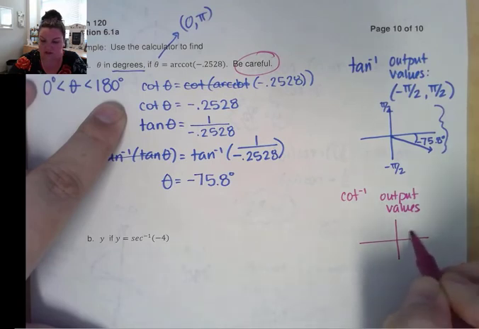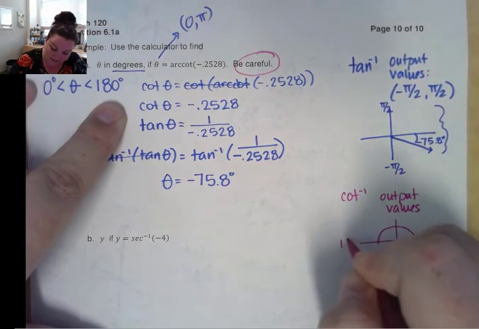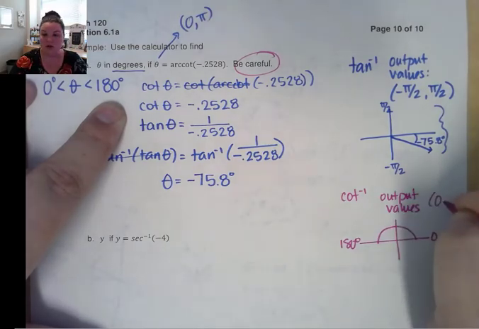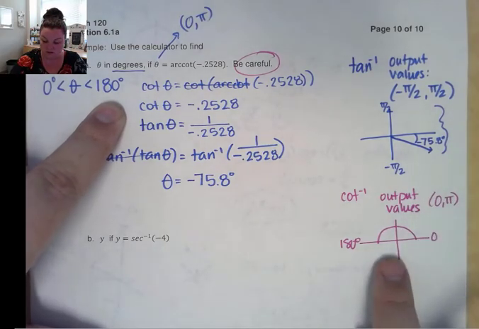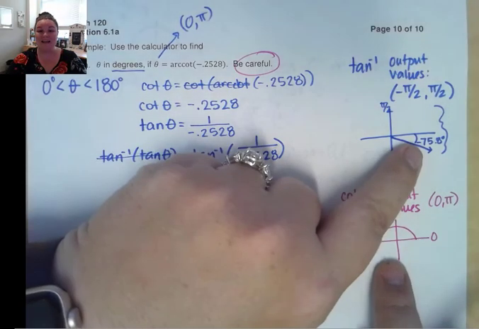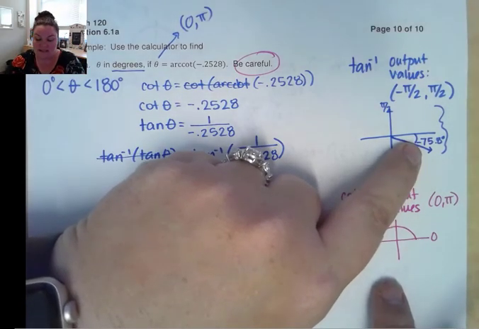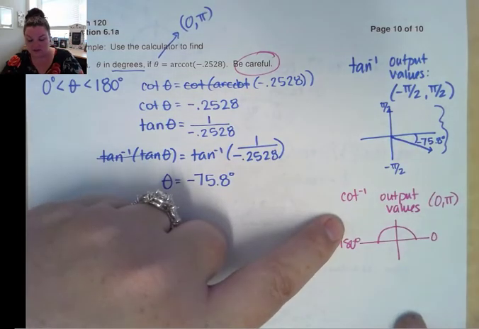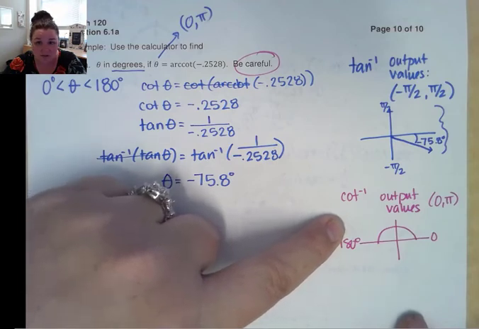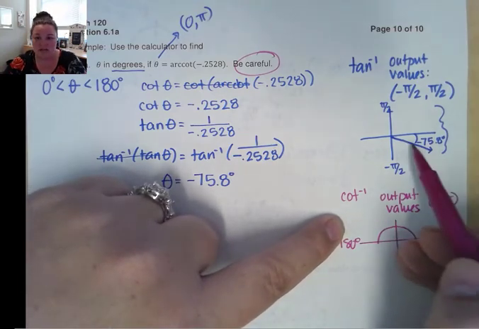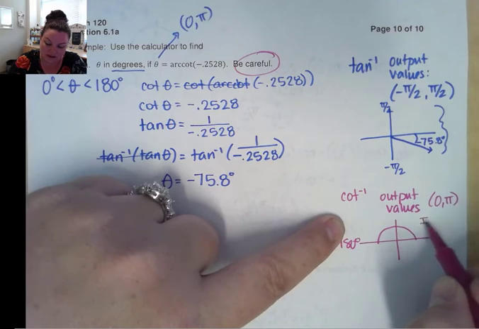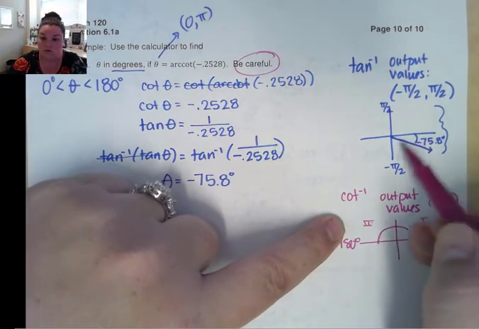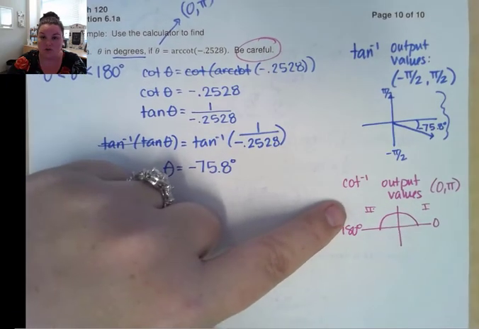So cotangent has to be in here, 0 to pi. What I need to figure out is how the answer I got for tangent inverse relates to my cotangent inverse problem. For that, my answer would need to fall in quadrant 1 or quadrant 2, and right now it's falling in quadrant 4.